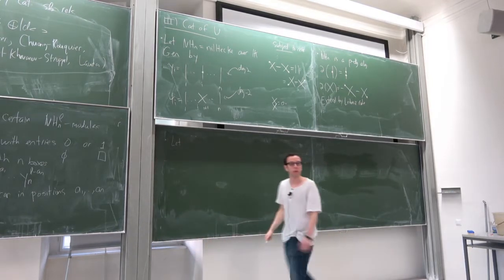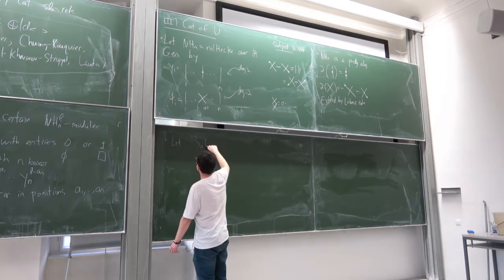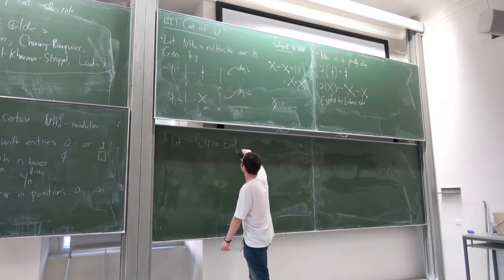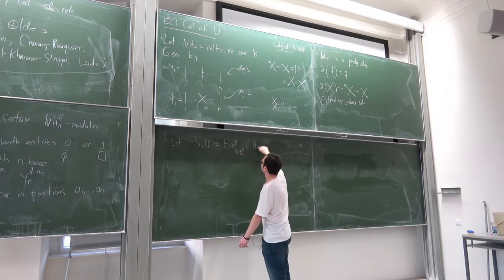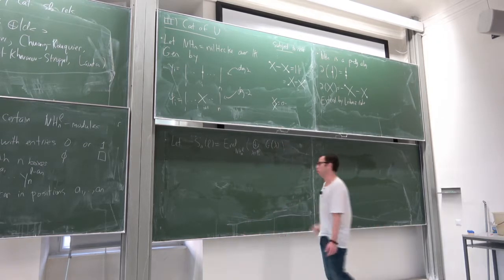So S_{n,L} is defined to be the endomorphism algebra over all these lambdas of these G_lambdas. So this is what they call a quiver Schur algebra.